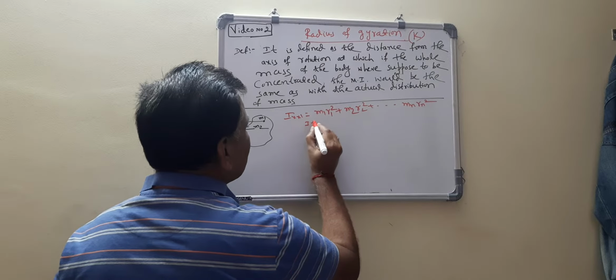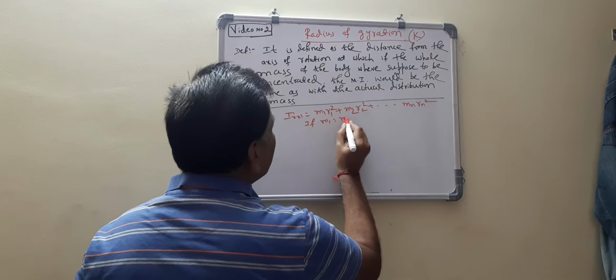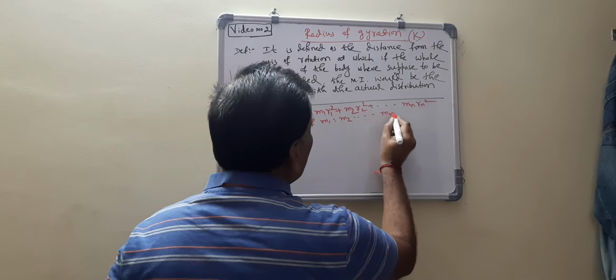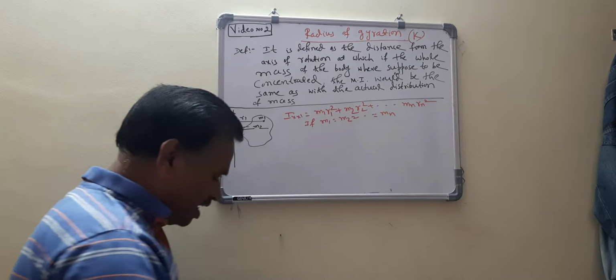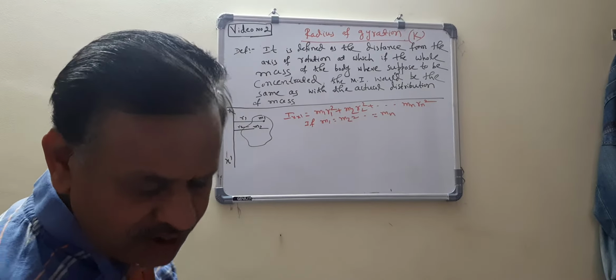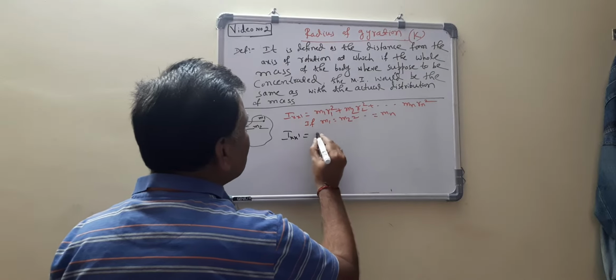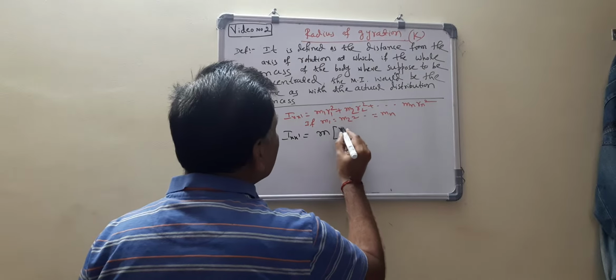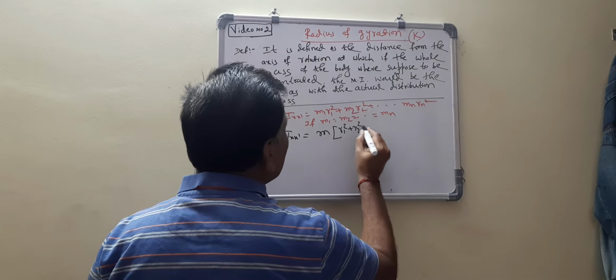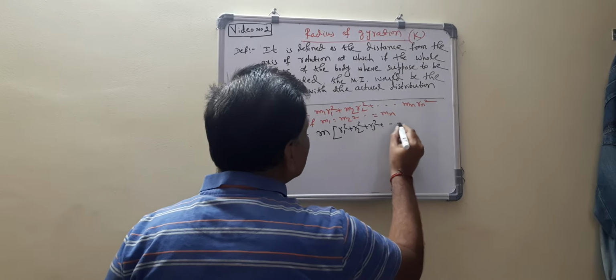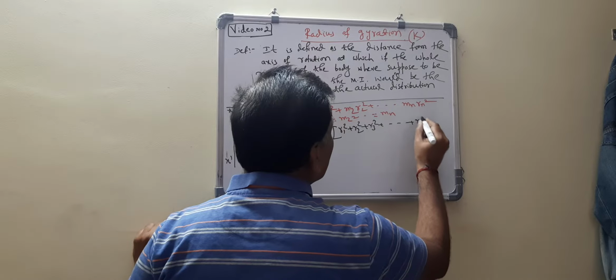If m1 equals m2 equals so on equals mn, then can I write this equation in this fashion? I of x dash equals m into the bracket r1 square plus r2 square plus r3 square, and so on, plus Rn square.